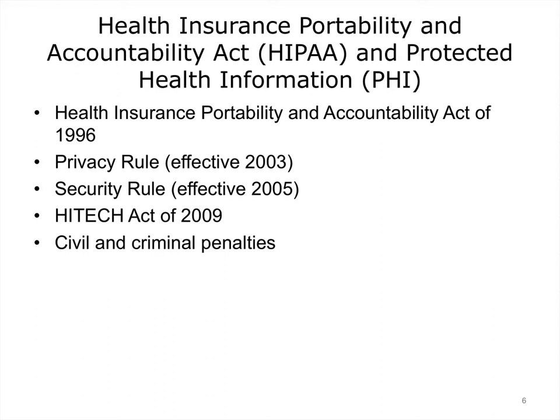The Privacy Rule, which became effective in 2003 for most covered entities, established regulations for the use and disclosure of PHI, which includes information stored in paper or electronic format, as well as any type of disclosure of this information, including phone calls, faxes, and conversations.